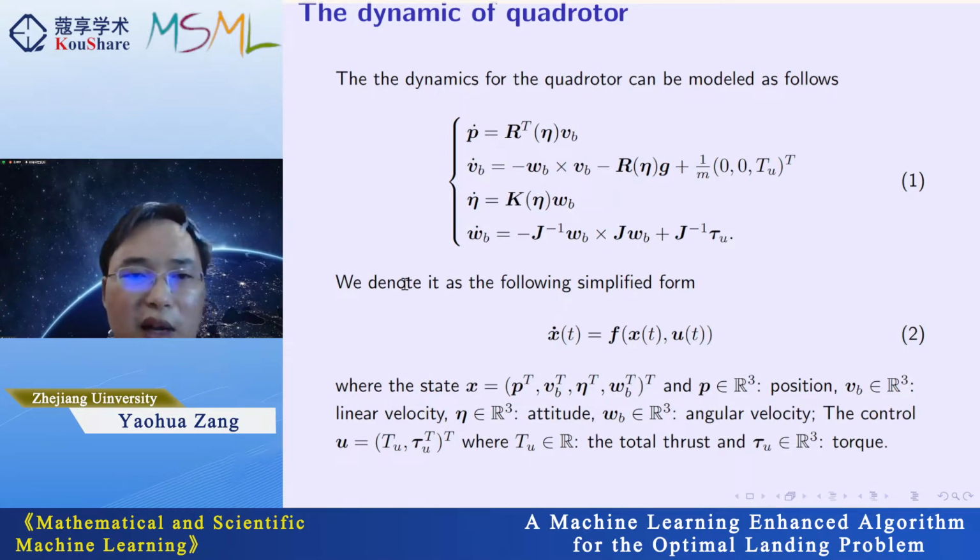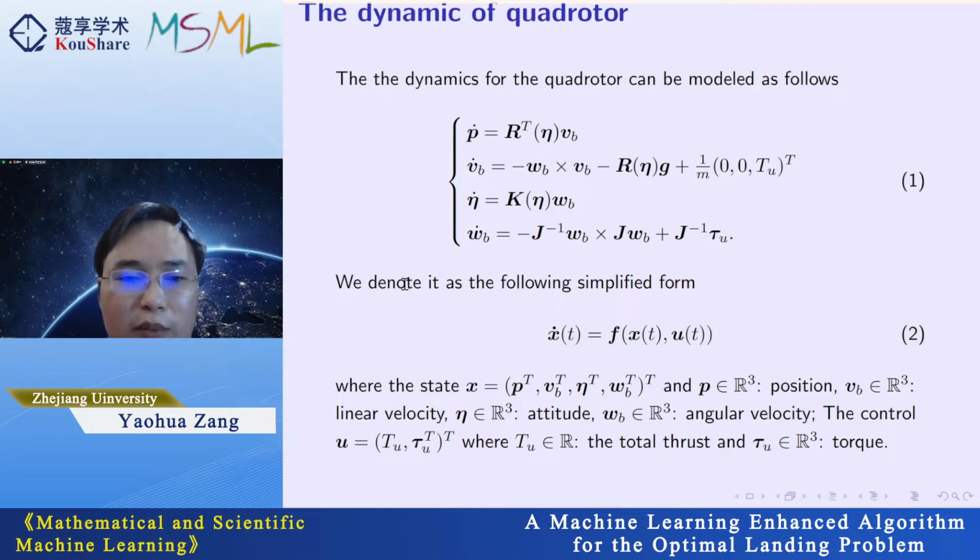We denote the dynamics of equation 1 in the following simplified form. That is, the dot of the state x equals the function f of the state x and the control u. The state x has 4 terms. The first term p is the position, and the second term vb is the linear velocity of the core rotor.